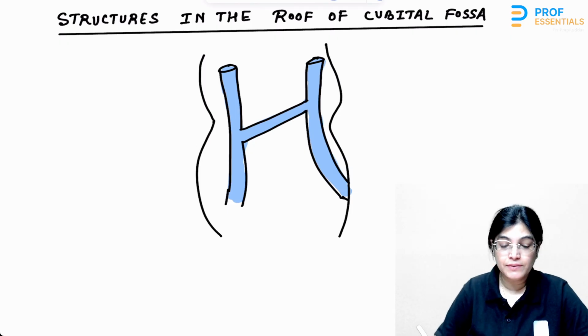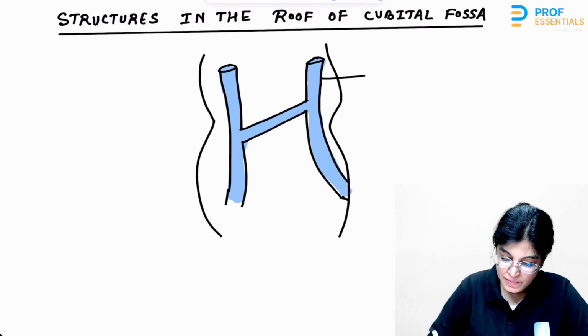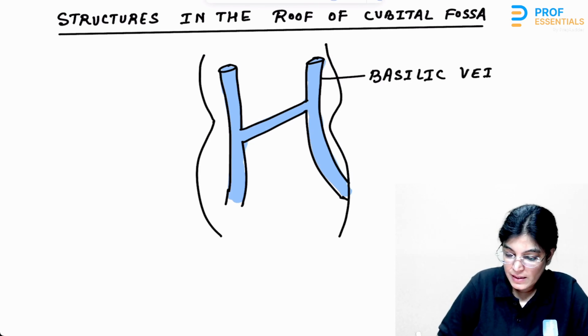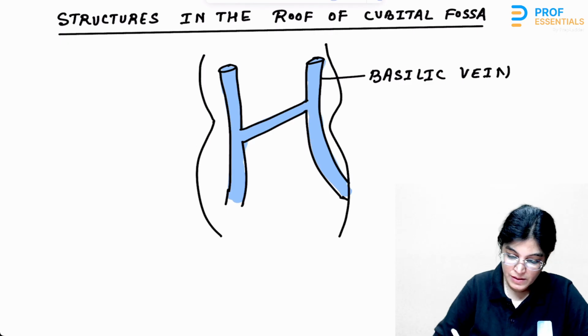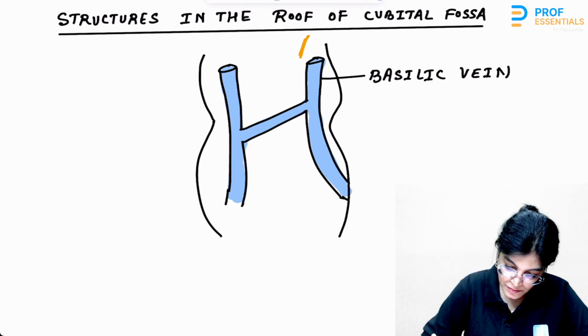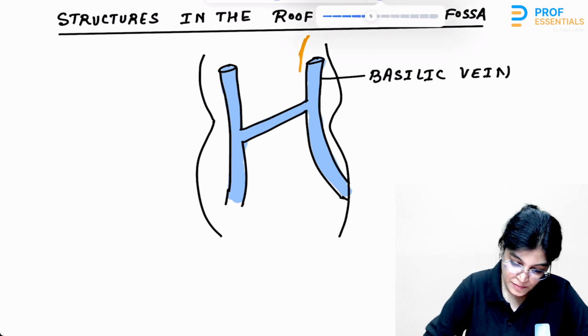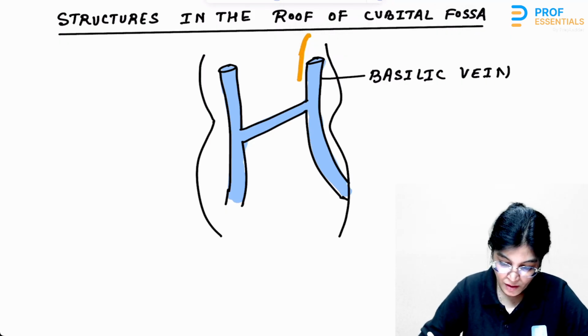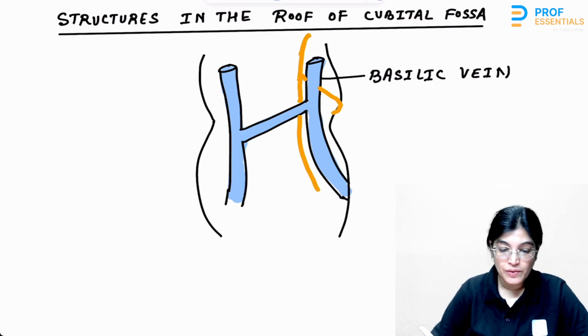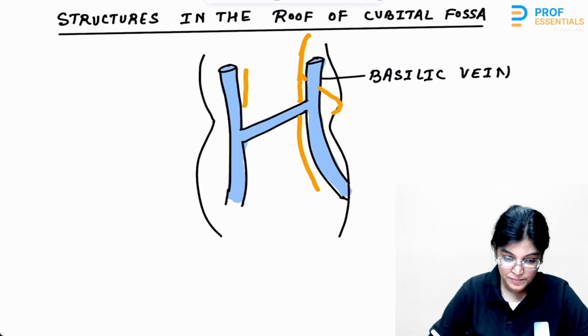So here we will have these two veins. Just label it. This is the basilic vein, which will be lying medially. Close to it, we will have the medial cutaneous nerve of forearm. And close to the lateral side cephalic vein, we will have the lateral cutaneous nerve of forearm.